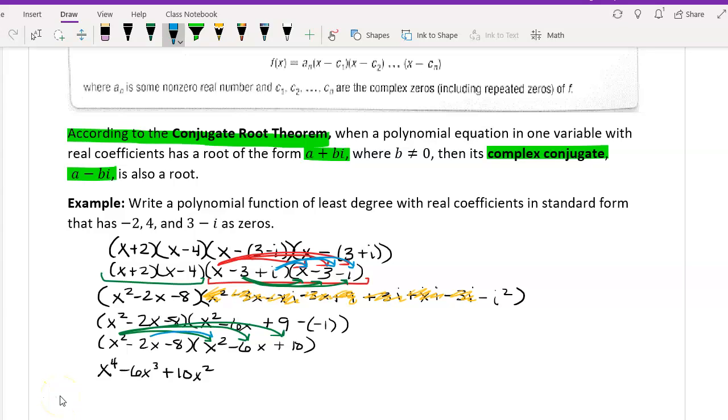So we have negative 2x times x squared is negative 2x cubed. Negative 2x times negative 6x is positive 12x squared. Negative 2x times positive 10 is negative 20x.